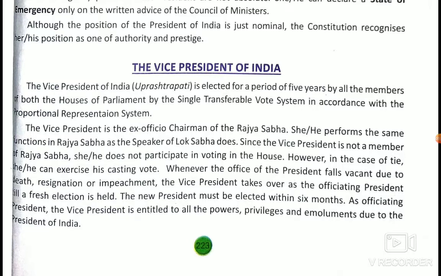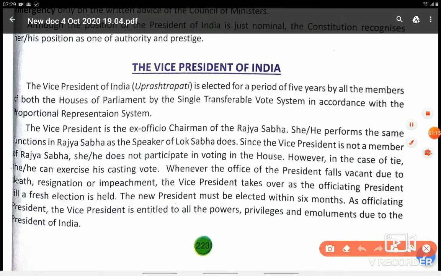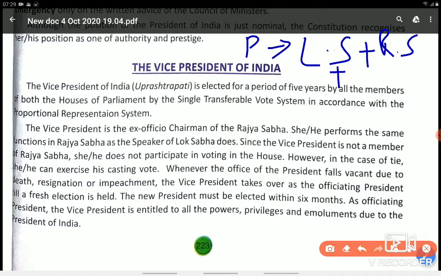But what is the difference here? In the president's case, who participates? The members of the electoral college. And who are the members of this electoral college? Elected members of Lok Sabha, Rajya Sabha, plus all the state legislative assemblies of all the states, right?